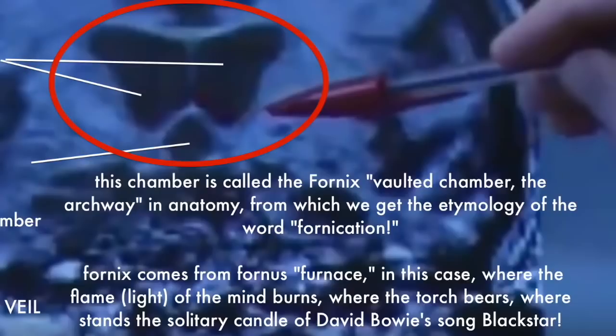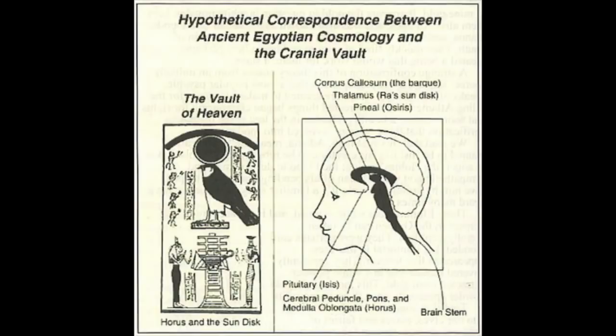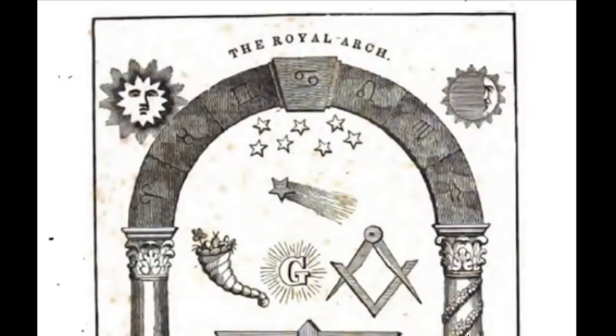It is the vault of heaven. The vault of heaven corresponding to the human skull, and the third ventricle, or the fornix inside the brain, which is the vault of heaven, corresponding to ancient Egyptian cosmology. And again, I mentioned that the fornix is called the fornix because it means an archway.